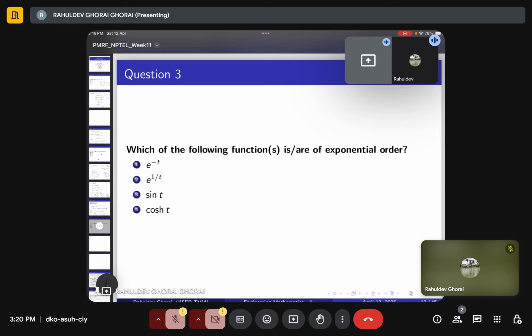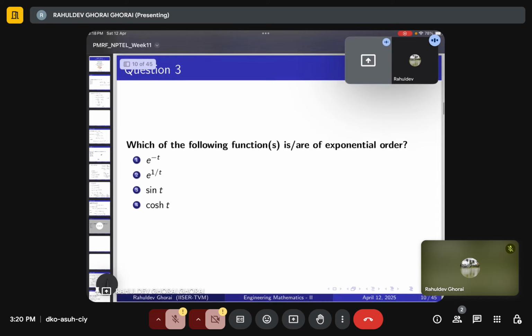When we call a function of exponential order, then you can write that the modulus of f(t) should be less than or equal to some constant times e to the power ct. Okay.